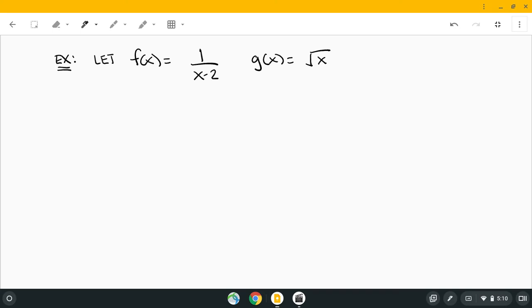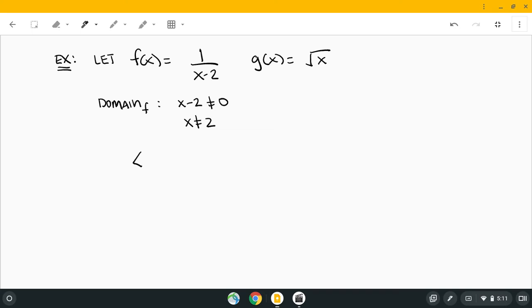Here, the domain of f is all real numbers except 2, because we know that x minus 2 cannot be 0, so x cannot be 2.